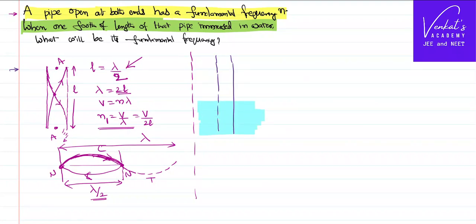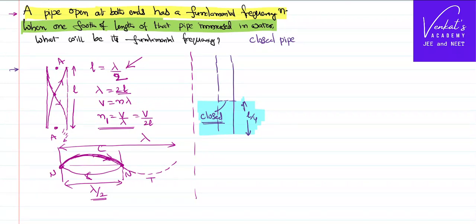How much is that? 1/4 of that. From here to here, L by 4 is immersed in water. So this part being filled with water becomes as if closed. So now the pipe is closed at one end and open at the other end. So the pipe behaves like a closed pipe. It is no more an open pipe, it's a closed pipe.